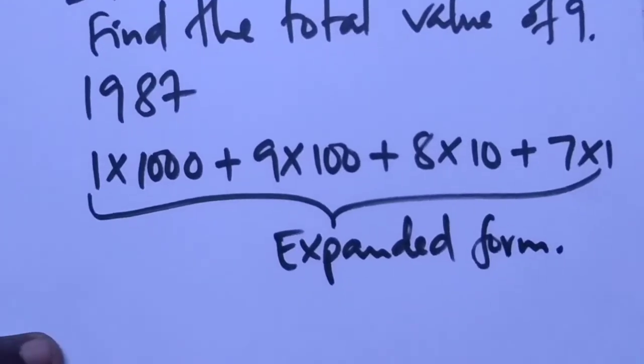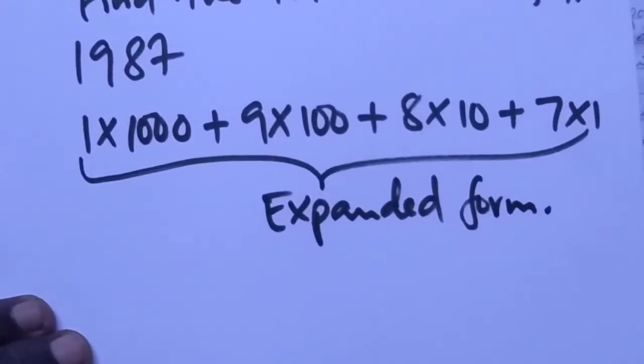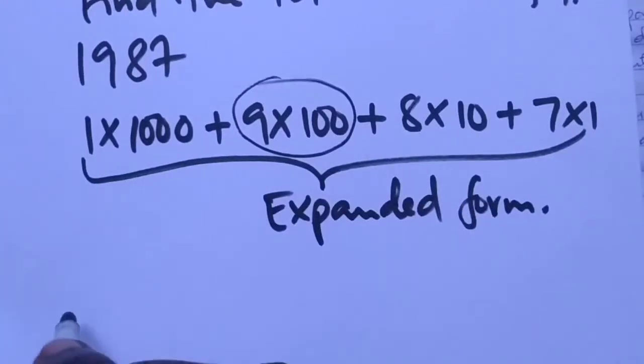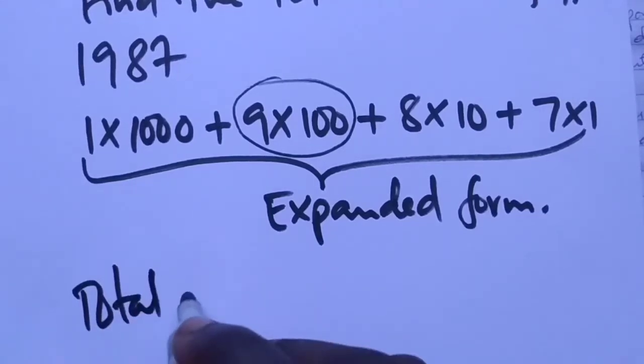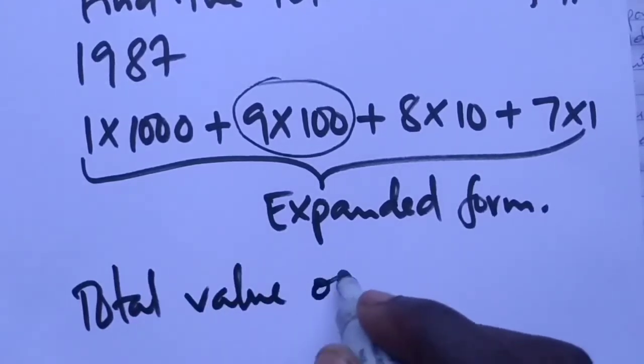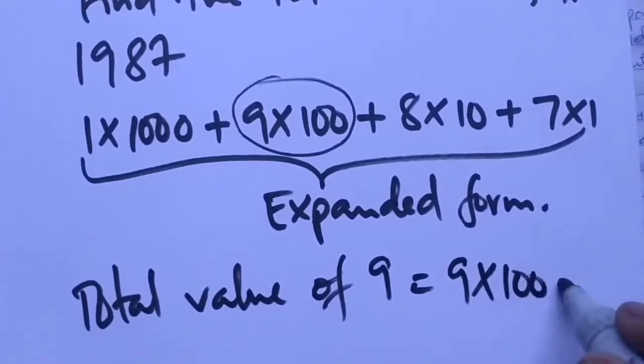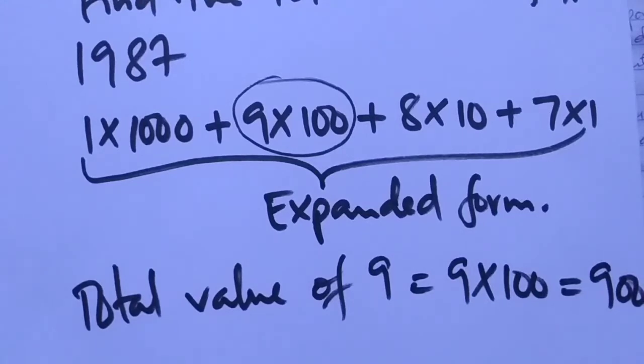Now, from this expanded form, tunavyokuwa tunasema kuhusu total value manake nini? Kwa mfano total value of 9 manake ni hii hapa. So total value of 9 itakuwa 9 times 100, that is the same as saying 900. This is the total value.